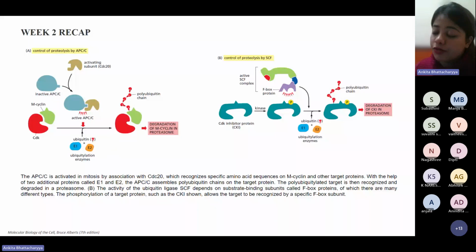Similarly, for protein degradation, for proteasomes and polyubiquitination, when we talk about the cell cycle, you cannot easily categorize the type of functions that it carries out. It will depend upon the context, and it will depend upon what is needed for the cell at that moment. So this is how proteolysis is carried out in cells via these two mechanisms.